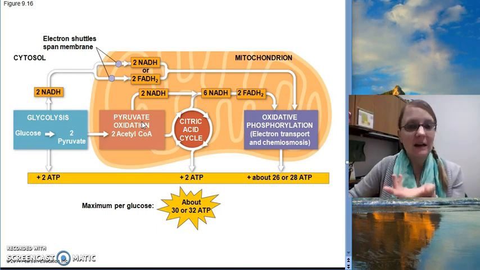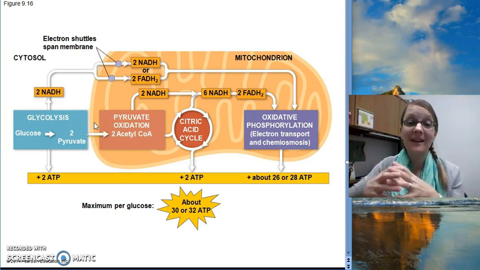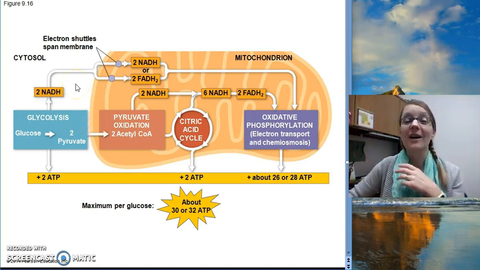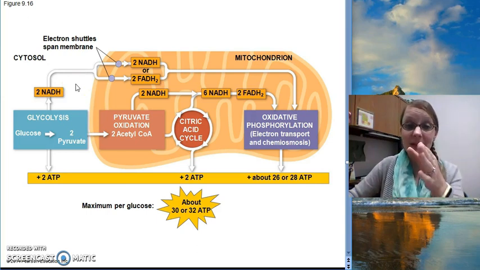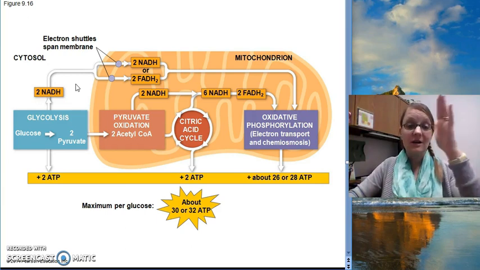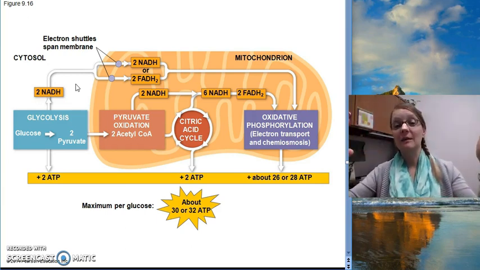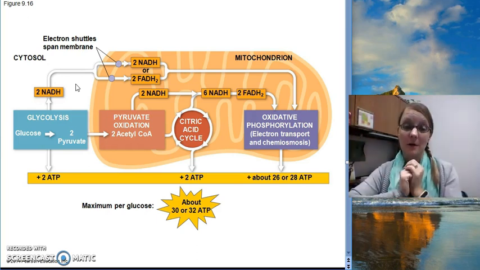This is a form of active transport. It's not just going to pass on its own. And the way that the cell pays for that active transport of pyruvate into the mitochondria is by coupling it with the outflow of those hydrogen ions from the intermembrane space out into the cytosol. So as those hydrogen ions flow out into the cytosol, they allow the bringing in of a pyruvate molecule.